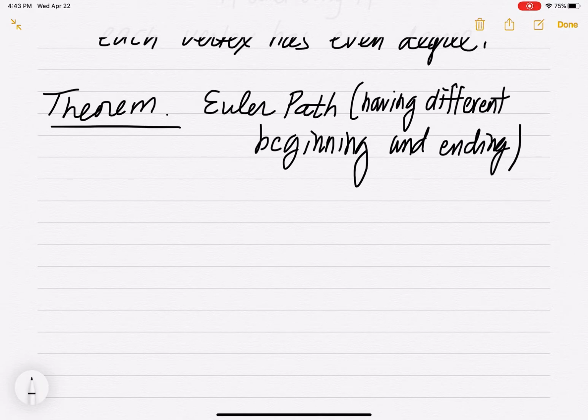Well, it's the following. First of all, you have to be a connected graph. You can't have any disjoint pieces of your graph.